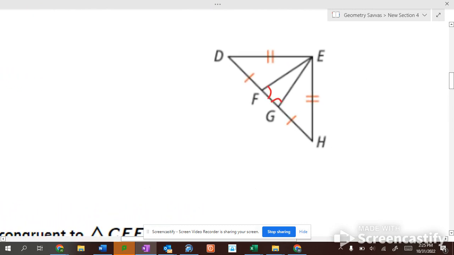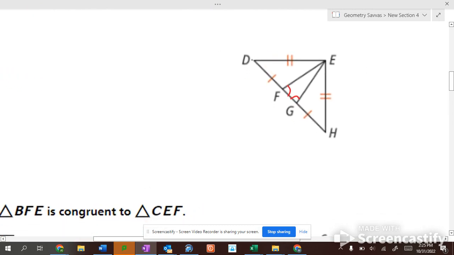Well, in these triangles, what do I know? I have a big triangle right here. That's what type of triangle? Not overlapping yet, just one big triangle. It's an isosceles triangle, right? Because it has two congruent legs. So it makes this angle congruent to this angle.